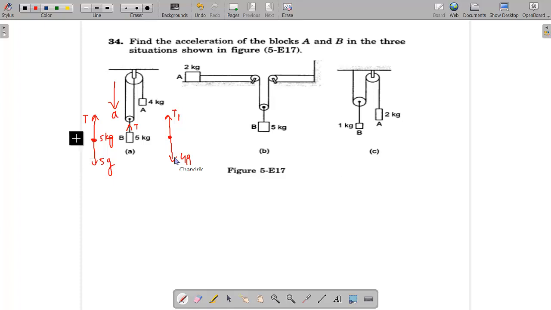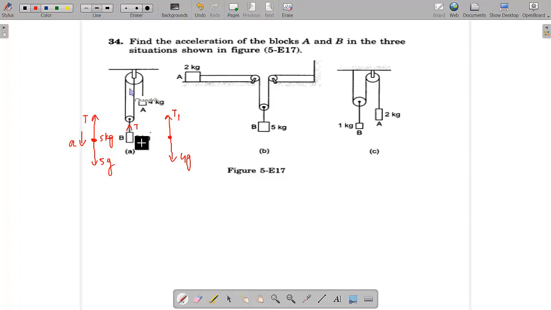For this 5 kg block, it is going to go downwards with an acceleration A. But we don't know the acceleration of the 4 kg block, because the 4 kg block may have a different acceleration altogether.